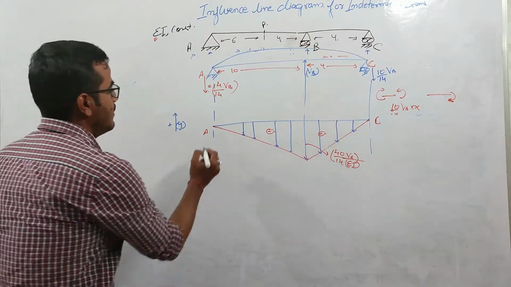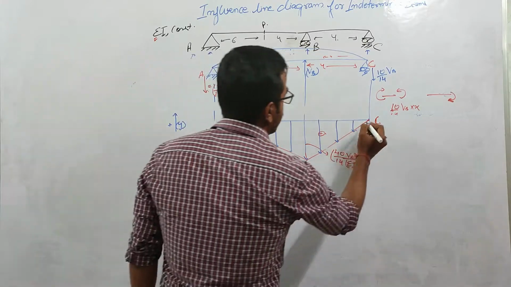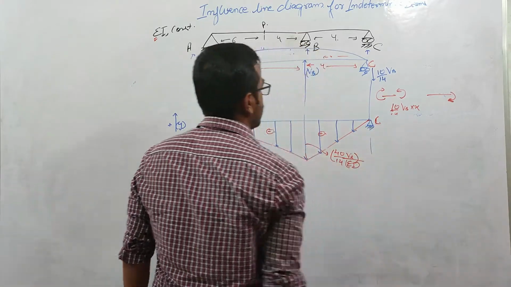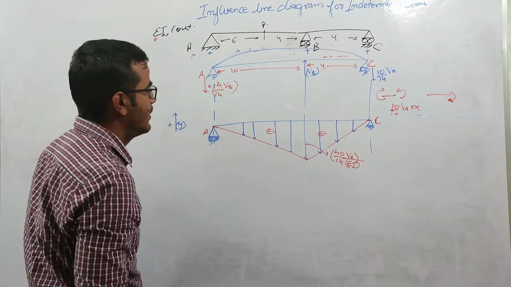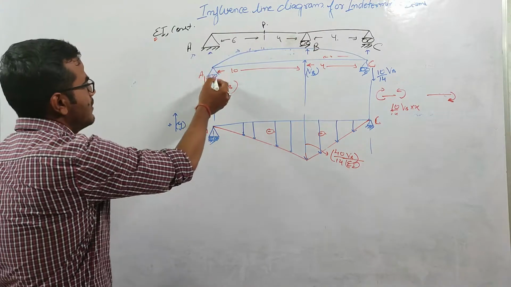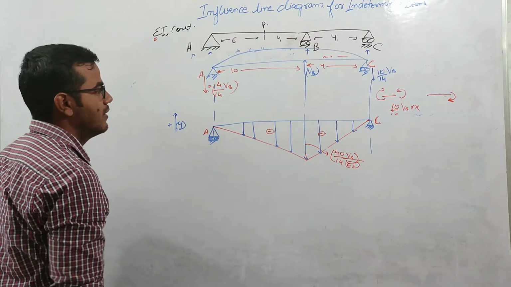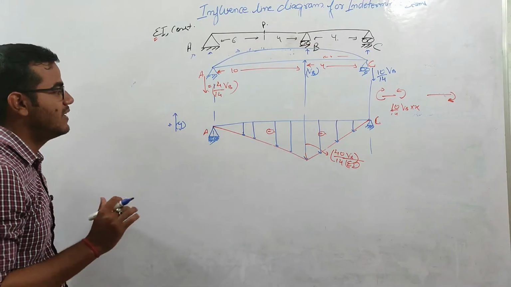The supports will remain the same in the conjugate beam method. If there is a fixed support over here, then that will change into a free end. So this is basically our conjugate beam.